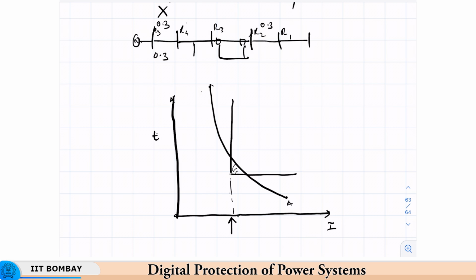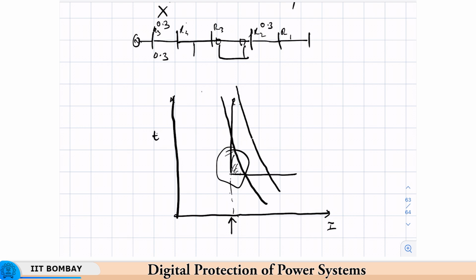I will draw it again. Okay. So, here is the problem. This is known as a lack of coordination. To avoid this, we would need a relay characteristic also of this form, so that we can have enough separation between the fuse characteristic and the relay characteristic.